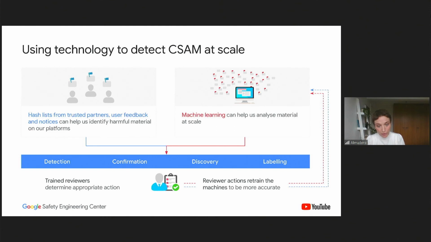And the third point that I want to make in terms of the complexity is in determining the age of the child. So for something to constitute child sexual abuse material, it needs to show a child, an individual under the age of 18, in a sexual act or lascivious exhibition.